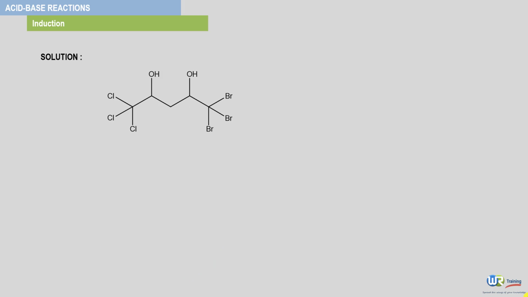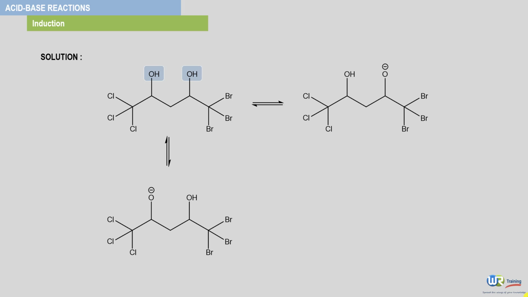For the following example, we begin by removing the protons to determine the conjugate bases. In both cases here, we cannot use the two factors, resonance and electronegativity, to assess the stability of the bases.